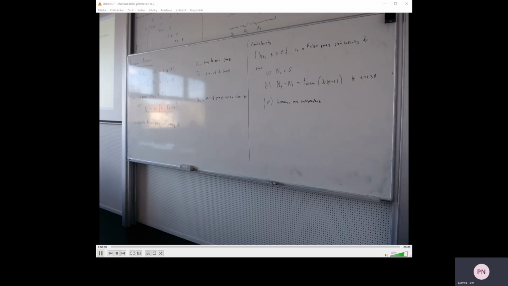And for the binomial process, the distribution at point n was binomial.